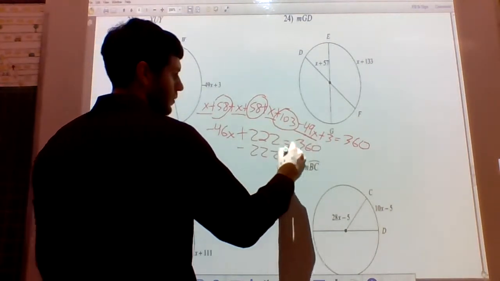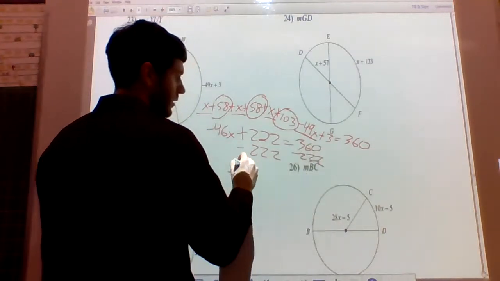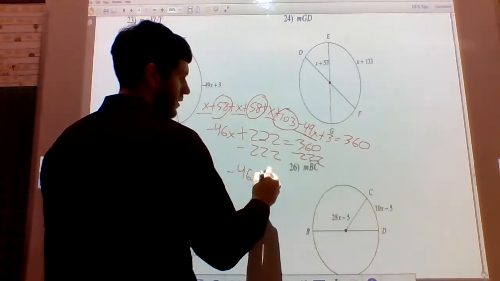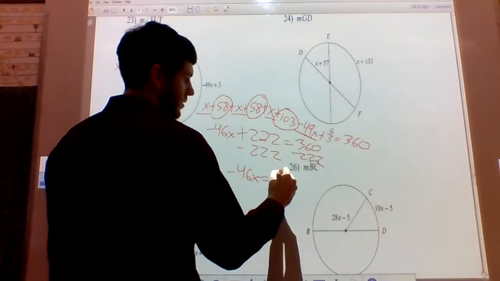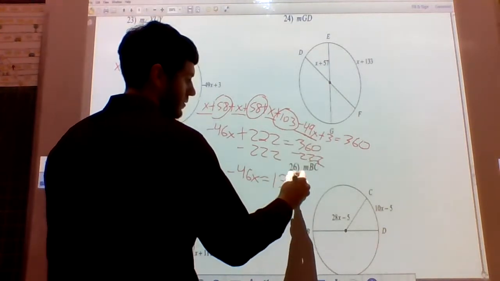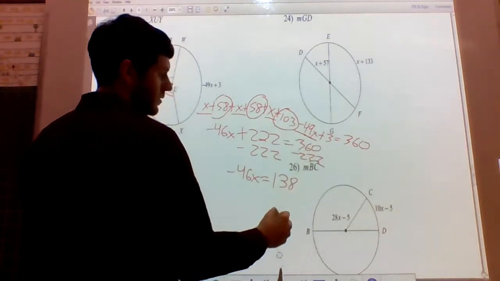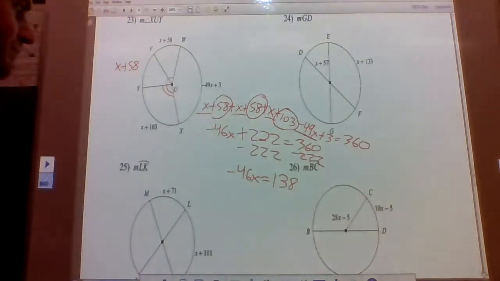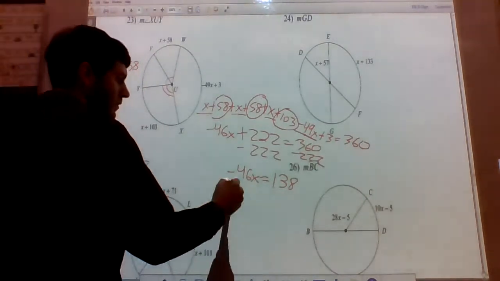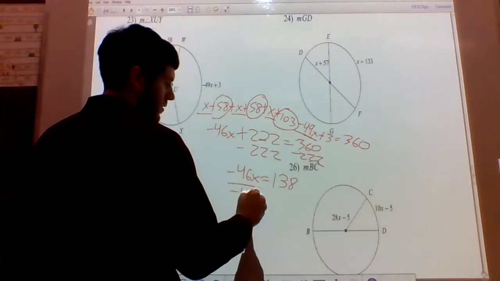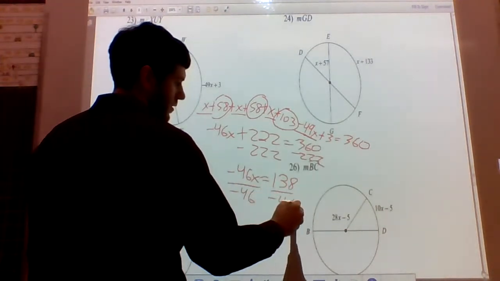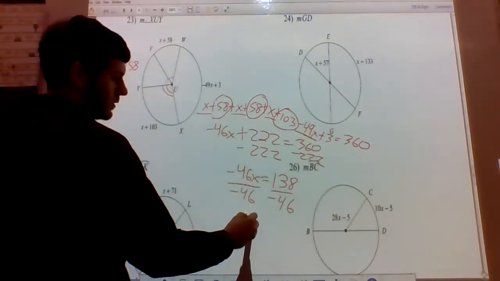Subtract 222 from both sides. We get negative 46x equals 138. Divide by negative 46. And that should give x is negative 3.